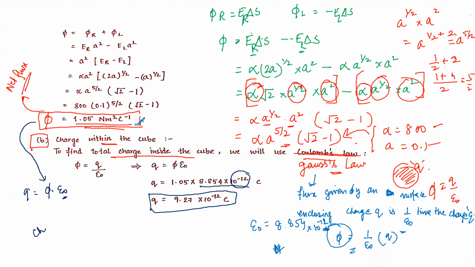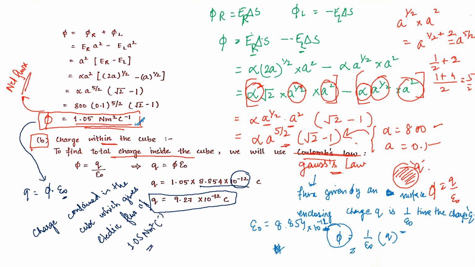This is the charge contained in the cube which gives an electric flux of 1.05 Newton meter square per coulomb. This is the charge contained by this system.